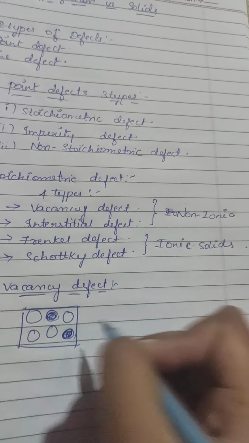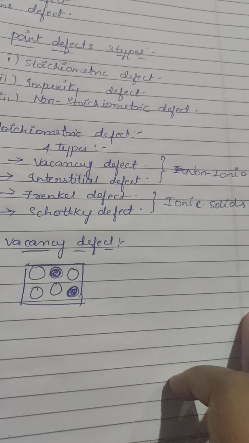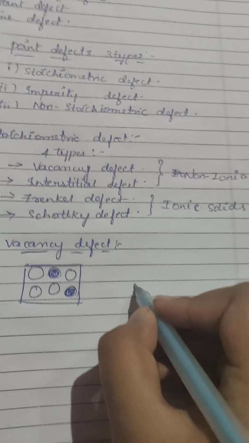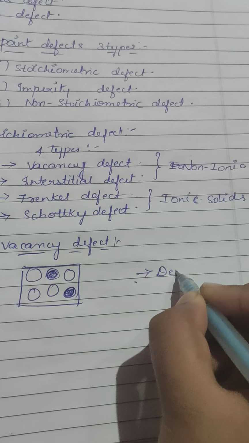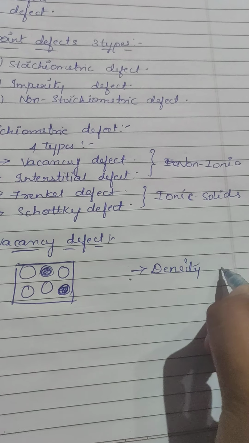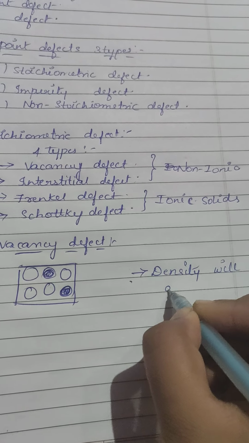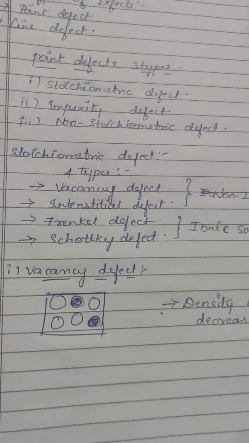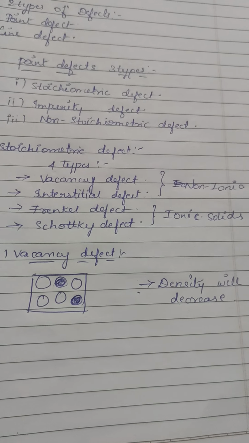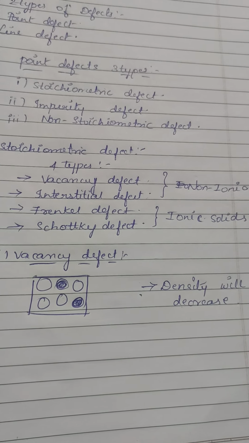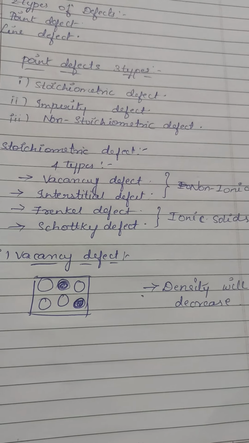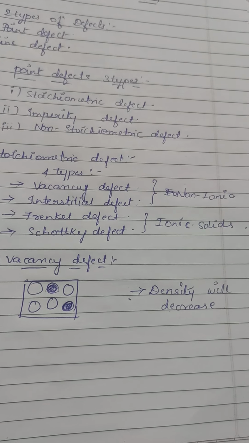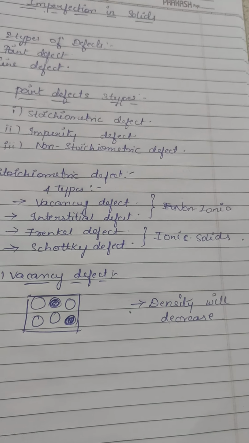So obviously when atoms leave a substance, the density will decrease. And this defect can be developed when a substance is heated. Only when a substance is heated can the atoms leave the solid. So these defects can be developed when solids are heated.